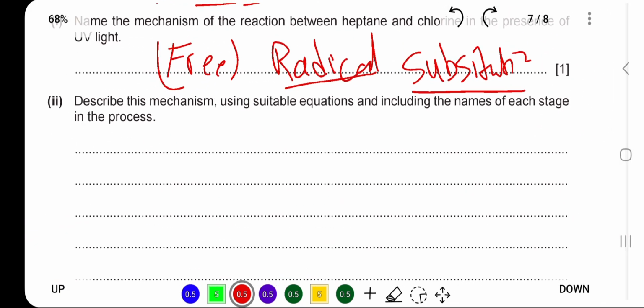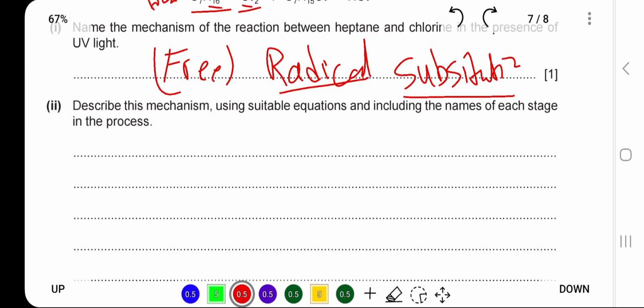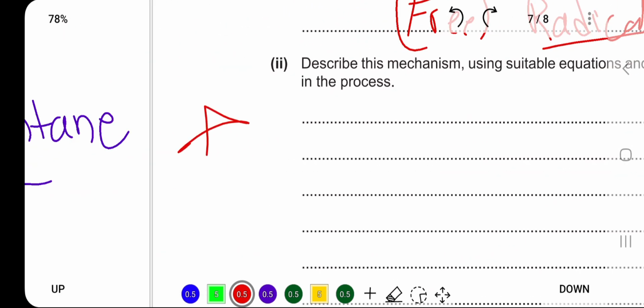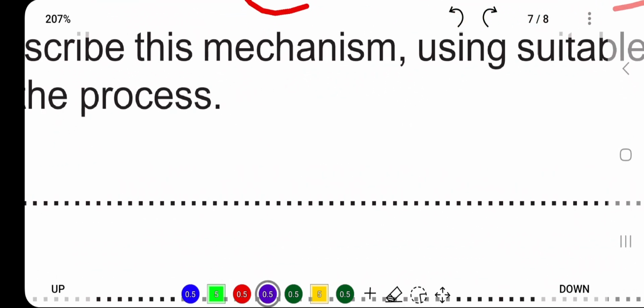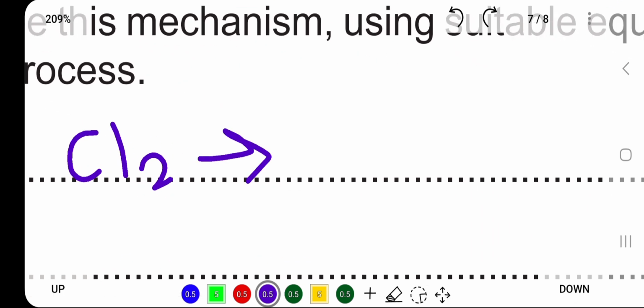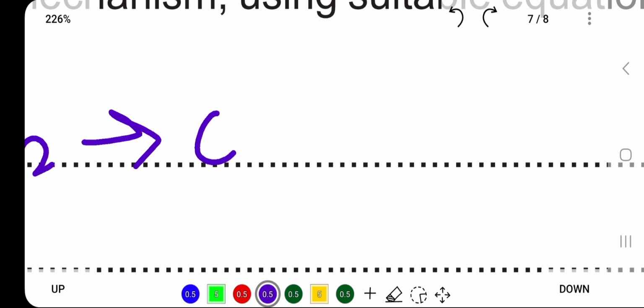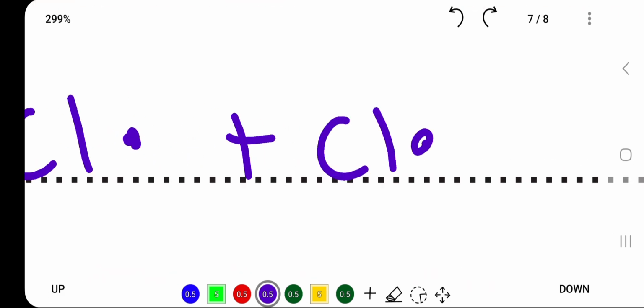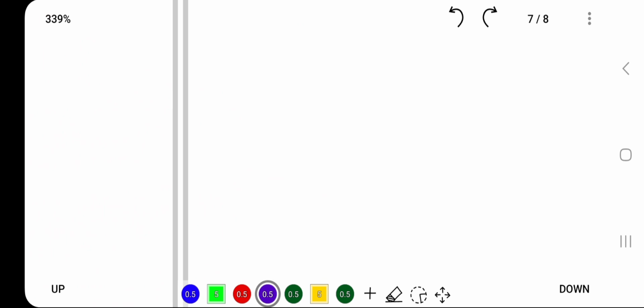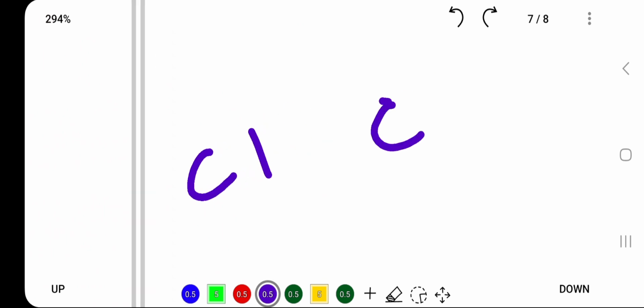Describe the mechanism using equations. Okay, and this is actually very important. We need to learn how to do it. First thing, Cl2 initiates into Cl radical plus Cl radical. So they had the bond, right?